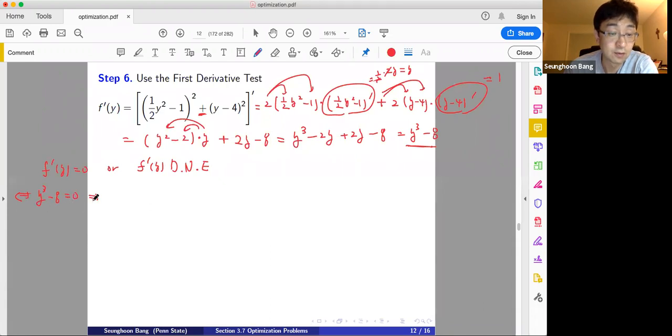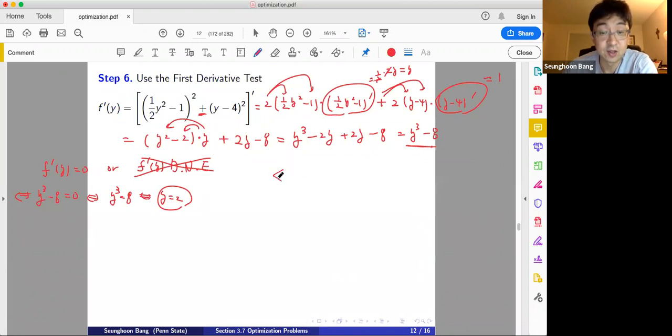You solve y cubed equals 8. Take the cube root: y equals 2. f prime of y does not exist? The y cubed minus 8 is always well defined, so we don't have it. So only one critical number, y equals 2.